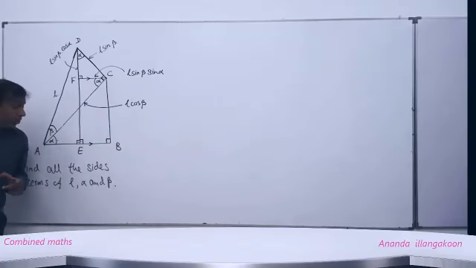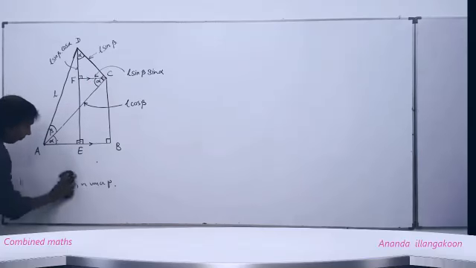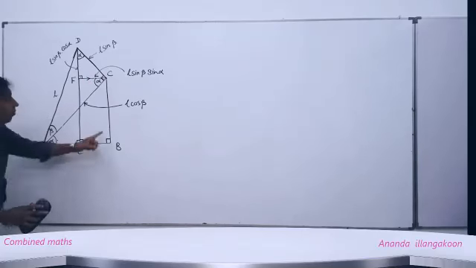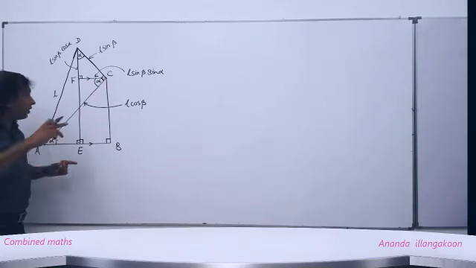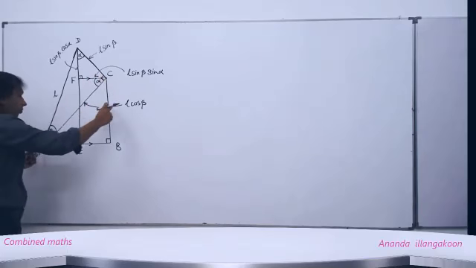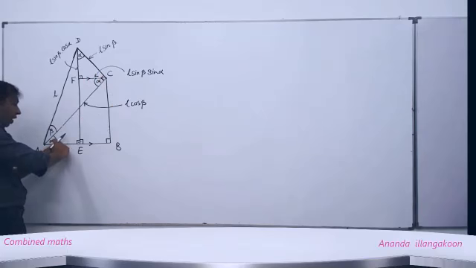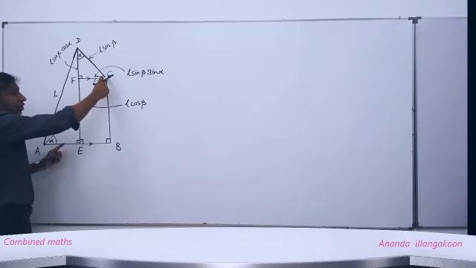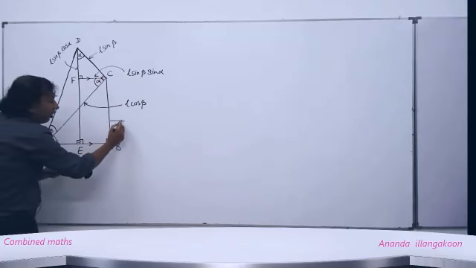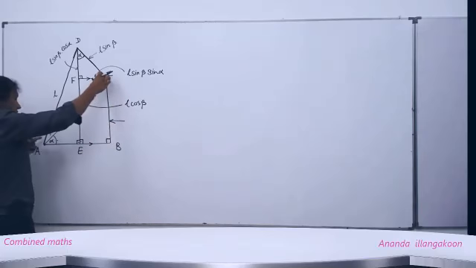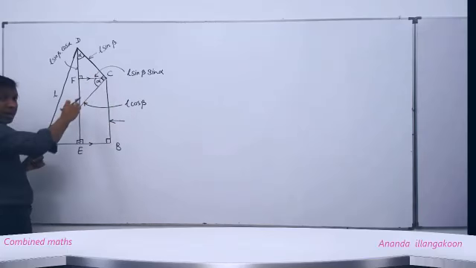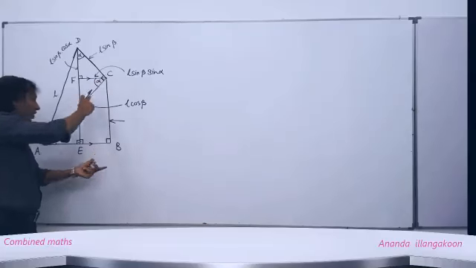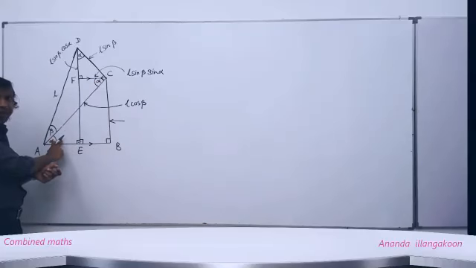Then you can write, in the triangle ABC, this hypotenuse is L cos beta, and the side opposite to this angle alpha is this BC. What is this BC? Hypotenuse multiplied by the sine of this angle, sine alpha.